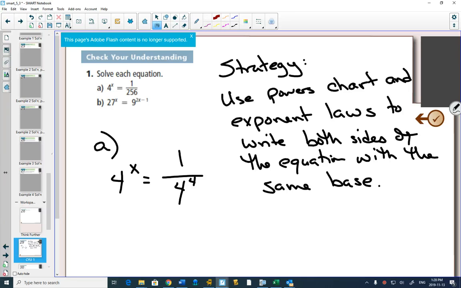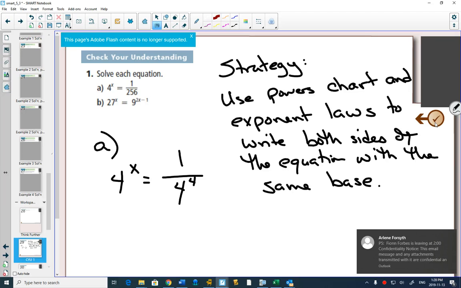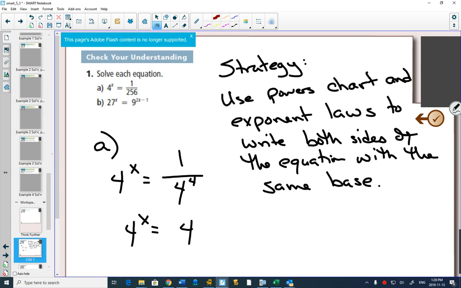So now we have to use our exponent laws. How could I rewrite this as 4 to the power of something? You would have to use your negative exponent rule and say it would have to be 4 to the negative 4.